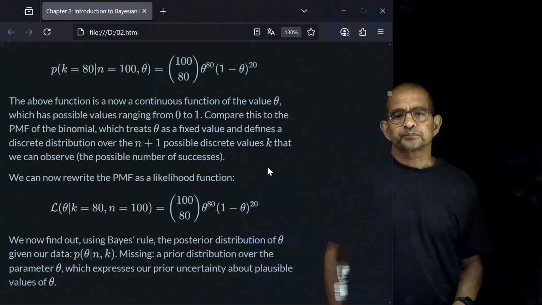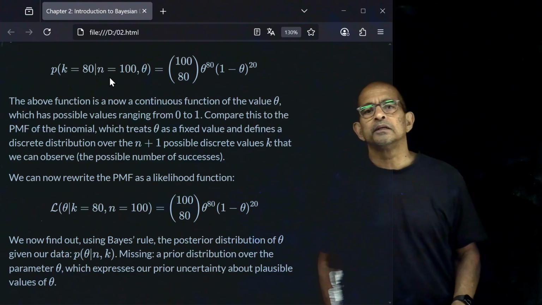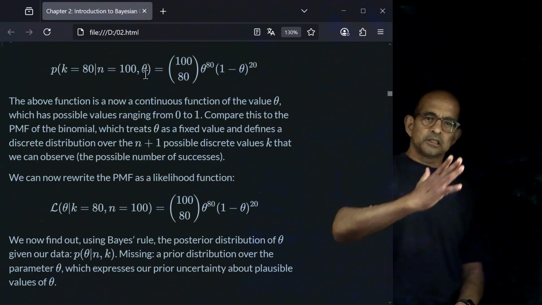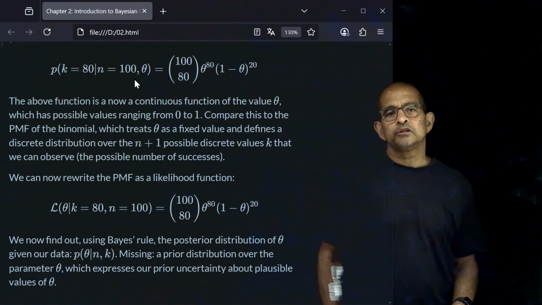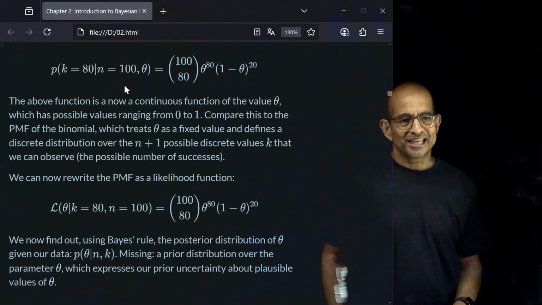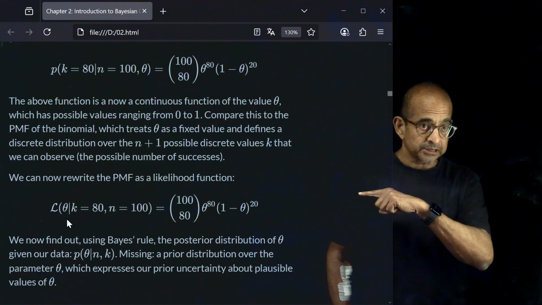So we could have written it like this, and normally I will write the likelihood function in this way, writing k and treating theta as in the conditional part of the distribution. So k is the number of successes conditional on n equal to 100 followed by theta. I'm still treating this as a likelihood function, even though technically I would want to write the likelihood function like this because that's how I used it in chapter 1.